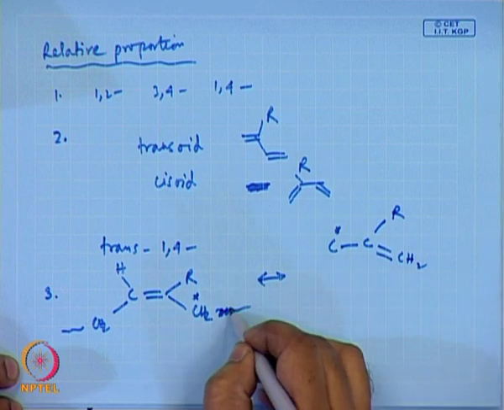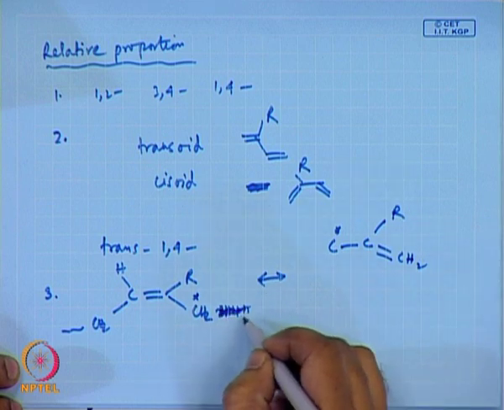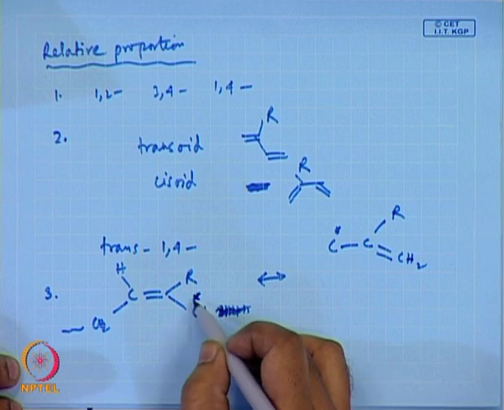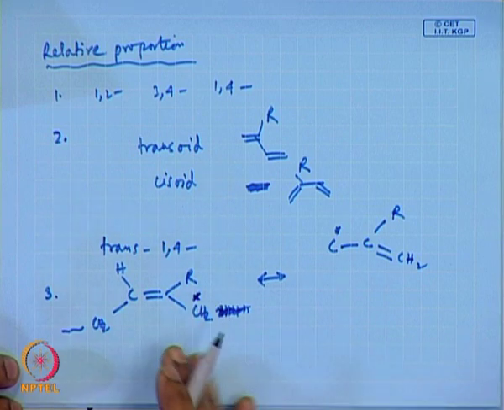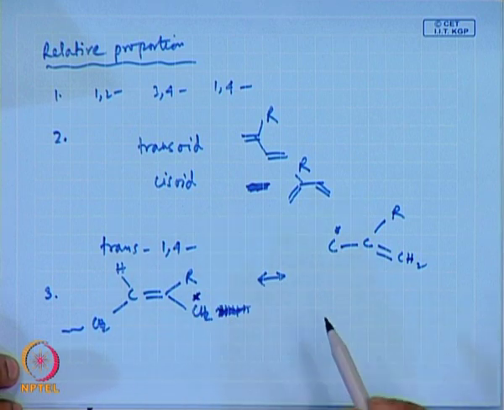This is not the polymer, this is a chain end. So, it could be a radical, it could be a cation, or it could be an anion. This monomer will come and add to this chain end and the chain will propagate.